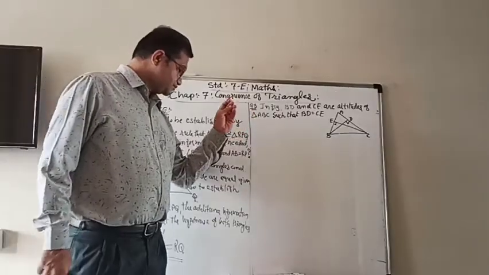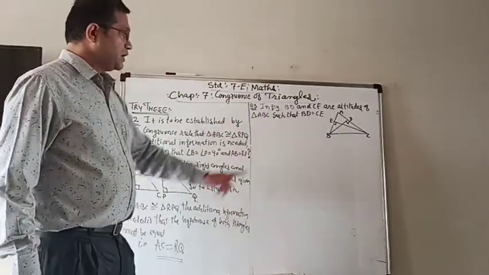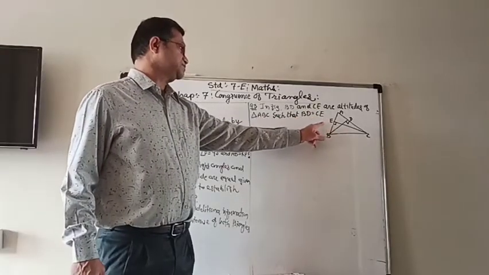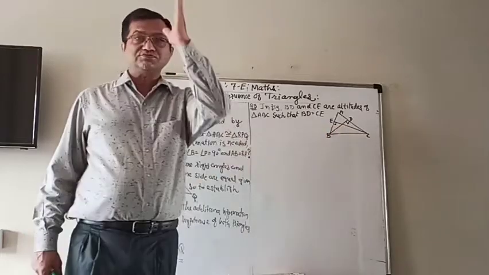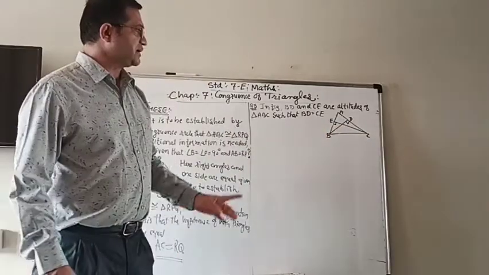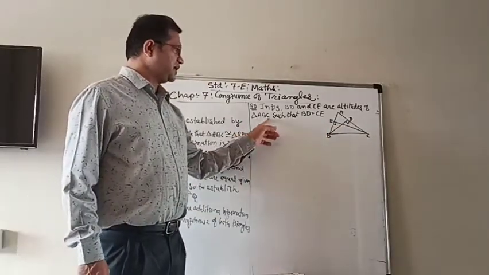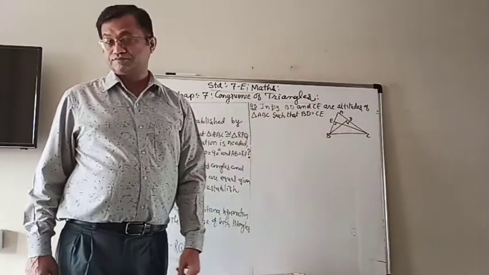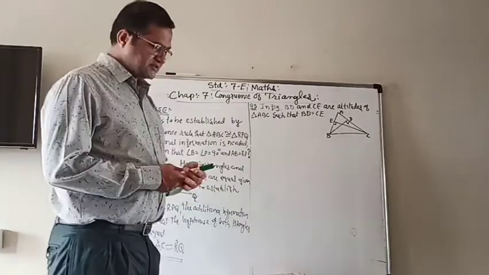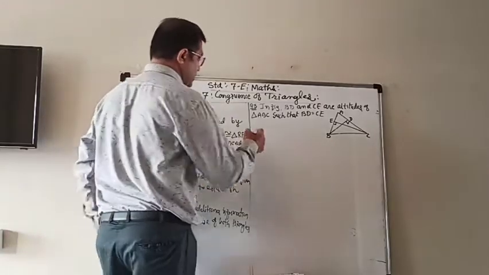Now in the third question, one figure is given in which BD and CE are the altitudes. Altitude means the perpendicular at 90 degrees of triangle ABC, such that BD and CE are equal. Now we have to answer the questions given.